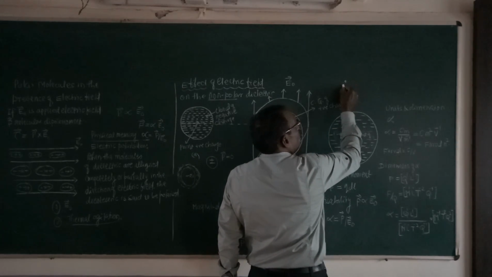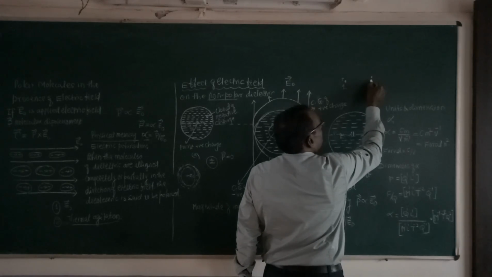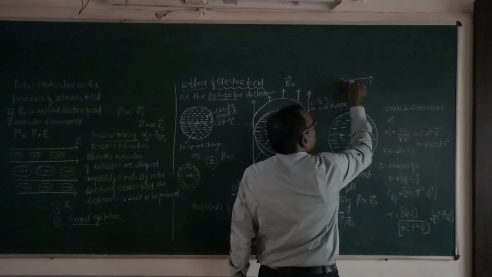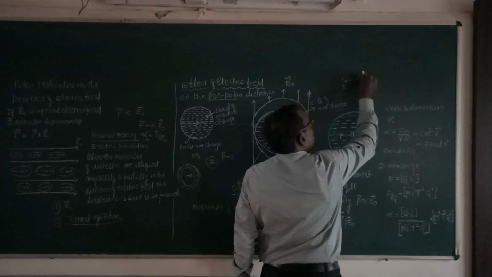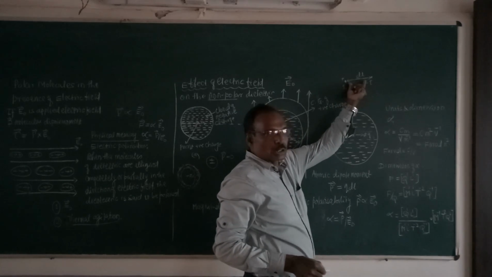Say this is a positive charge plus q, and this is a negative charge minus q. They get displaced from each other, and that distance is say dl, however small the distance is.